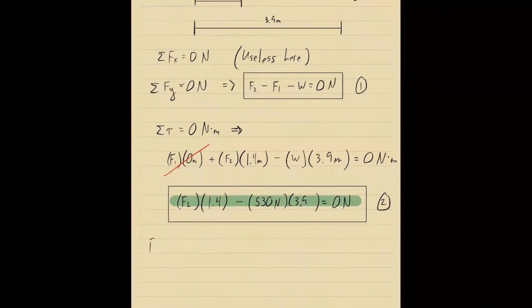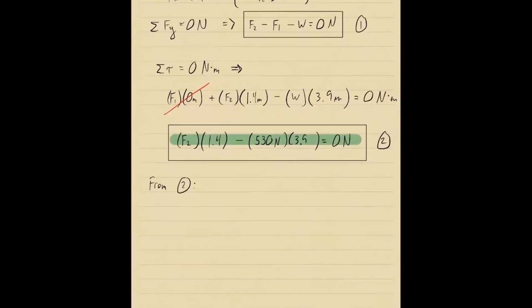So from equation 2, right, we're going to solve. So we know that F2, the magnitude of that force, is equal to, if I add this to both sides, and then I divide both sides by 1.4, we get that this is equal to 530 newtons times 3.9 divided by 1.4.